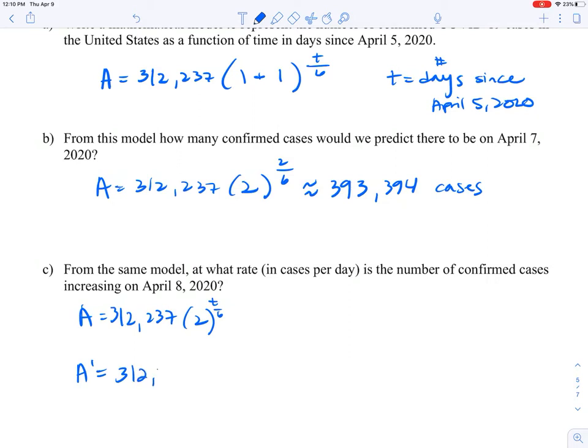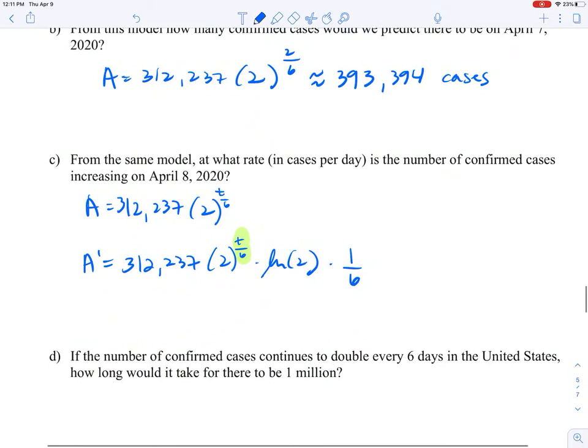Okay, so that would be A prime equals 312,237 times 2 to the t over 6 power times ln of 2, and then thinking chain rule. Because t over 6 is the inside function here, we have to do times 1/6.